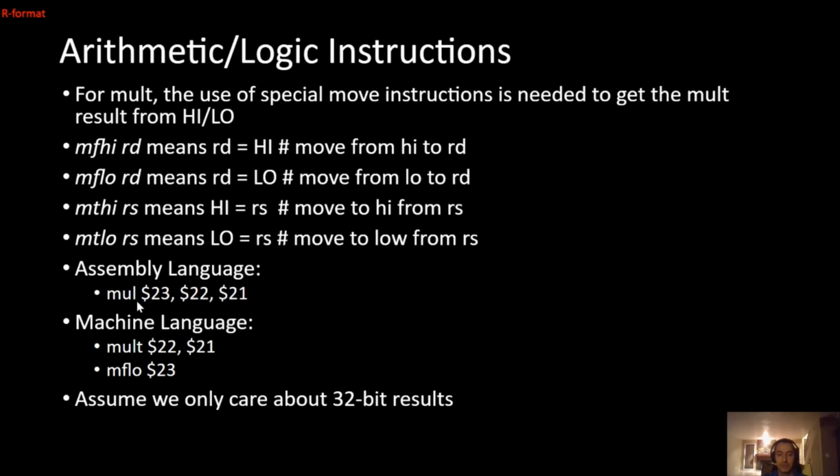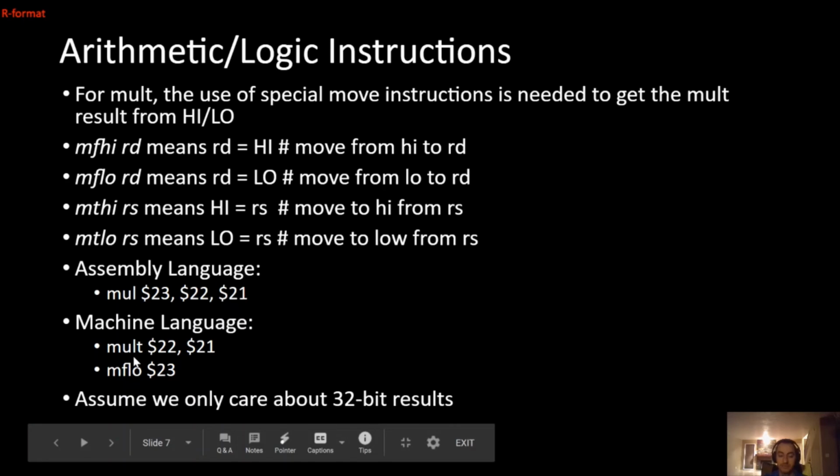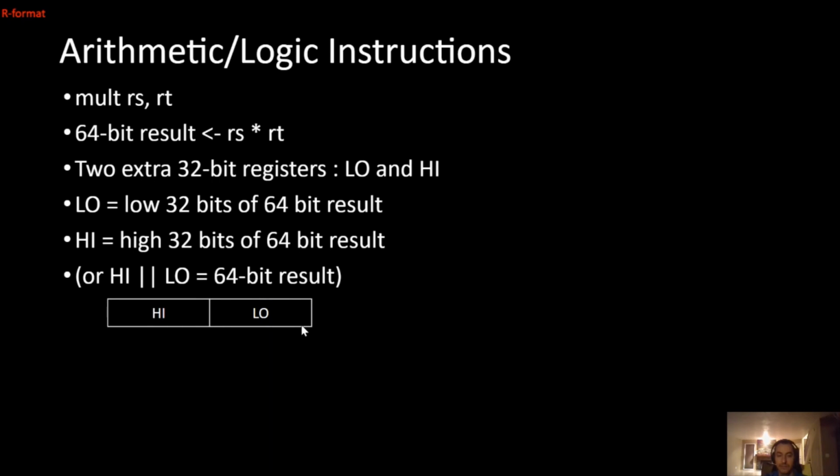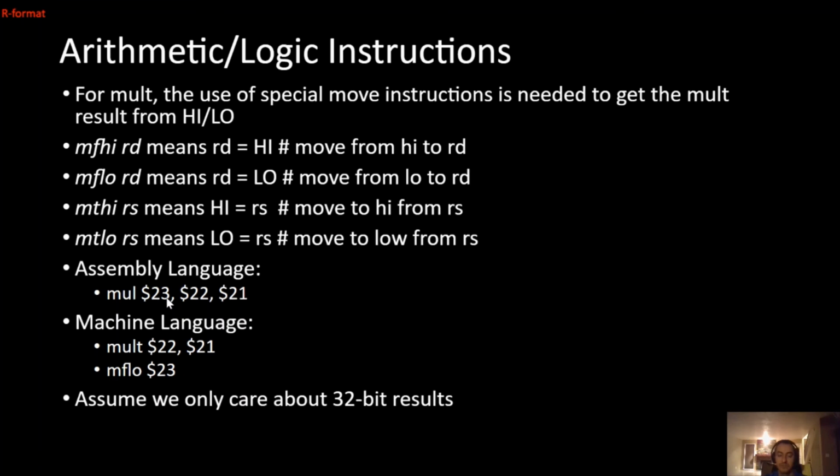But what could actually happen is that we have a multiply instruction that takes these two and calculates that 64-bit result, and then you have a move from low that takes that answer to your register 23. So we are using this part of the answer and putting that in our destination.